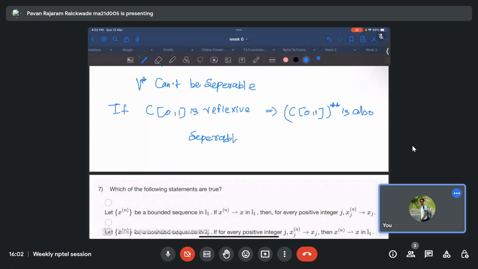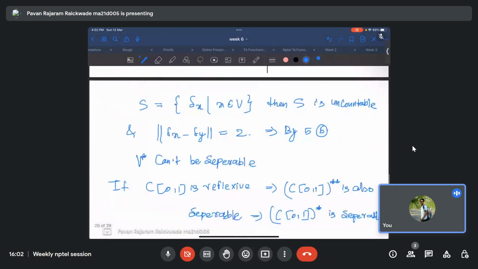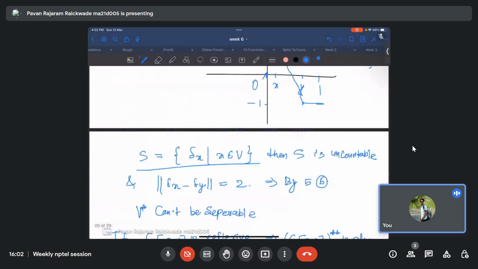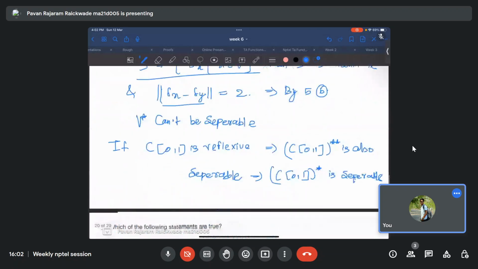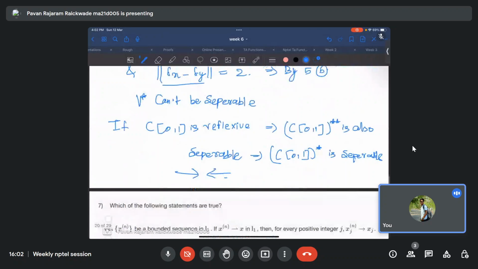And from the previous lemma, C01 double star separable implies C01 star is separable. But right now we have seen that C01 star is not separable because this is an uncountable set in C01 star which is at equidistance from each other. So C01 cannot be separable. This is a contradiction. C01 cannot be reflexive. Any doubt in this one?